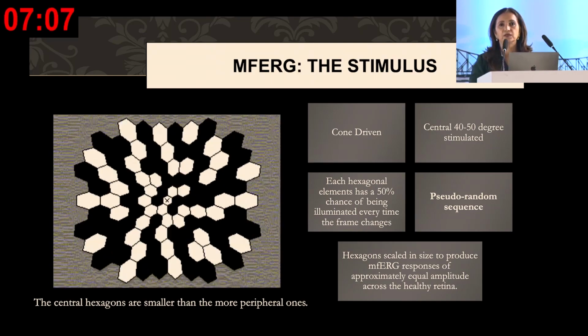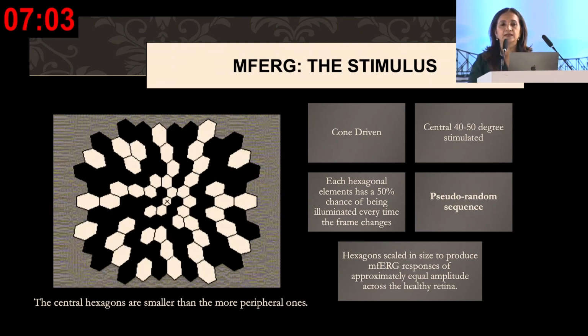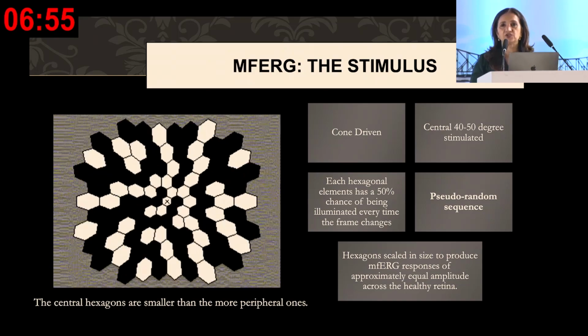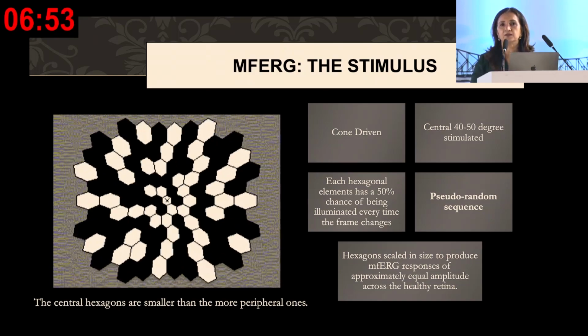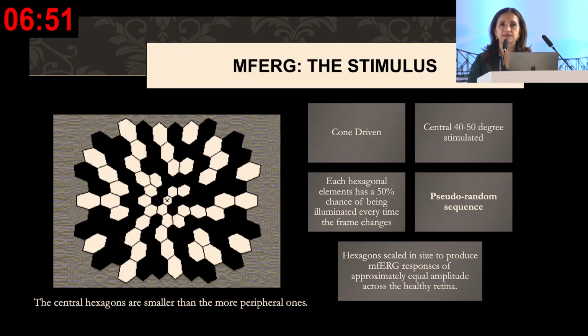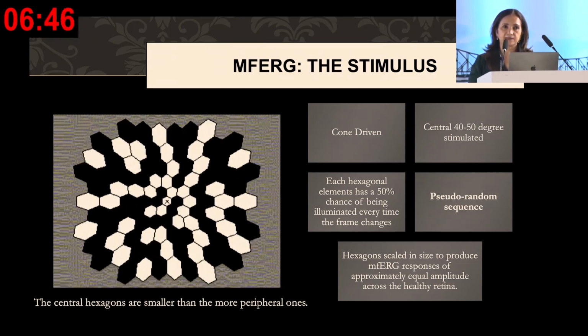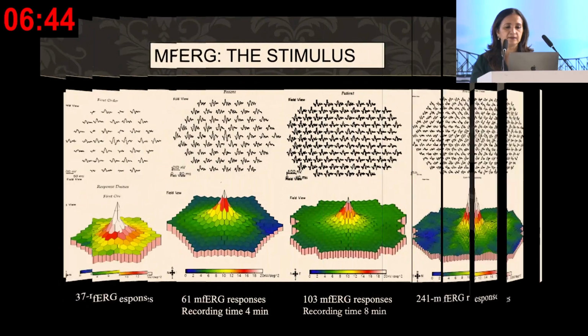This is to follow the physiological distribution of the cones. As we know, in the center, the cones are much more in number and concentration as compared to the periphery. So as a result, each hexagon, whether it's in the center or in the periphery, stimulates an equal number of cones. That is why the size is smaller in the center, bigger in the periphery.